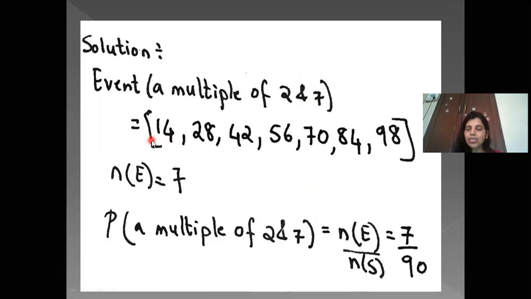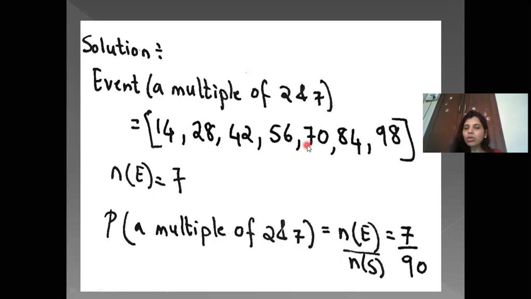Moving further, 2 tens are 20, 2 twelves are 24, 2 thirteens are 26, sorry, 2 fourteens are 28. You know that 28 comes in the table of 7.